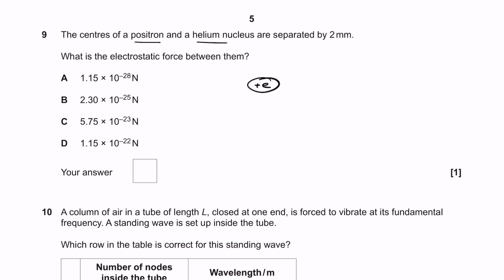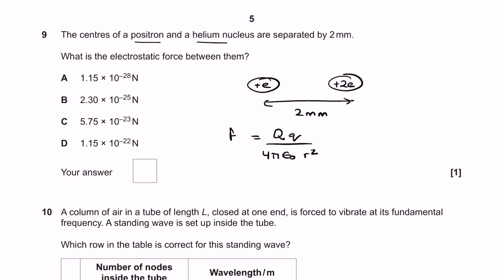And a helium nucleus contains 2 protons, so it will have a 2e charge, and they are separated by 2 millimeters, so we can just use F equals Q1Q2 over 4 pi epsilon naught r squared to get the answer, and when I plug in the numbers, I got D as my answer.